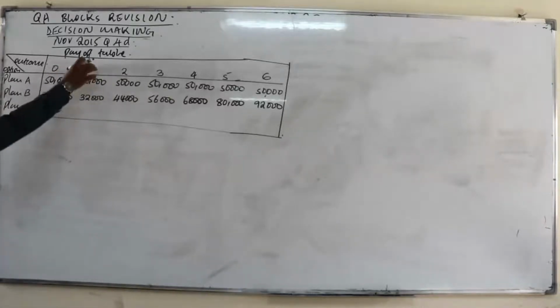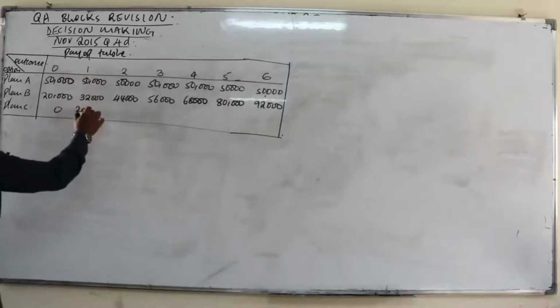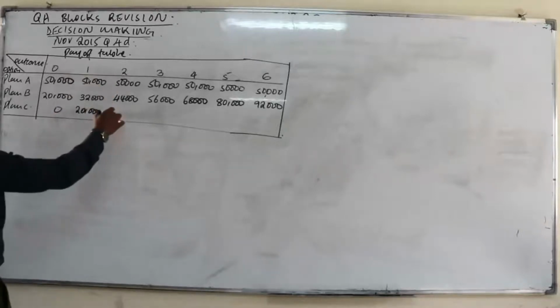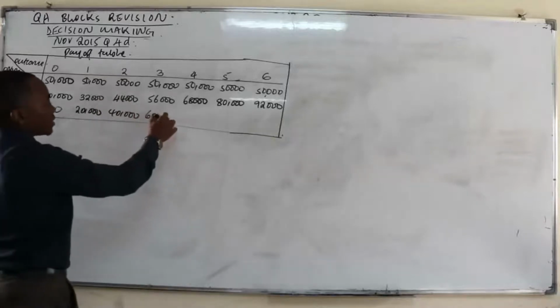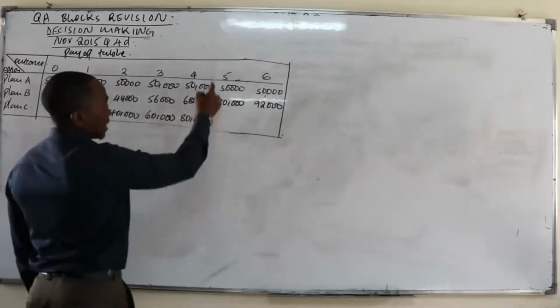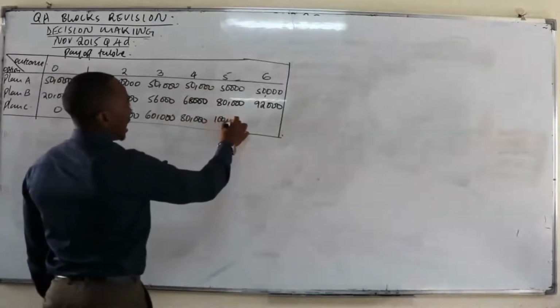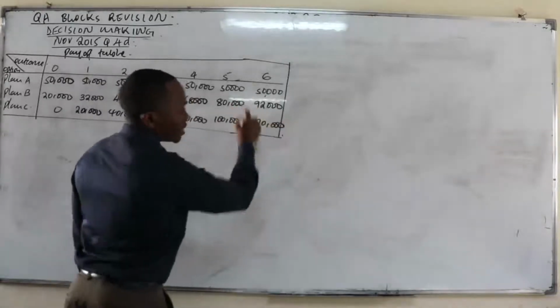If you sell 1 house, no salary, but you're getting a commission, and the commission per house is how much? 20,000. So you'll get 20,000. If you sell 2 houses, you'll have 40,000. If you sell 3 houses, 60. If you sell 4 houses, 80. If you sell 5 houses, 100. If you sell 6 houses, you get 120. Those are the payoffs.